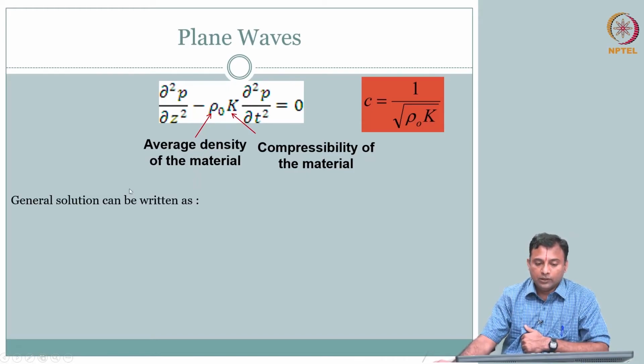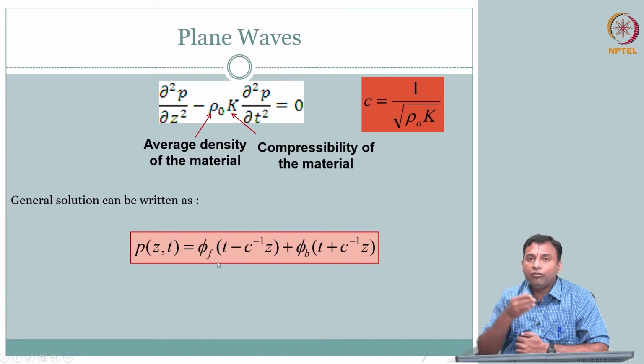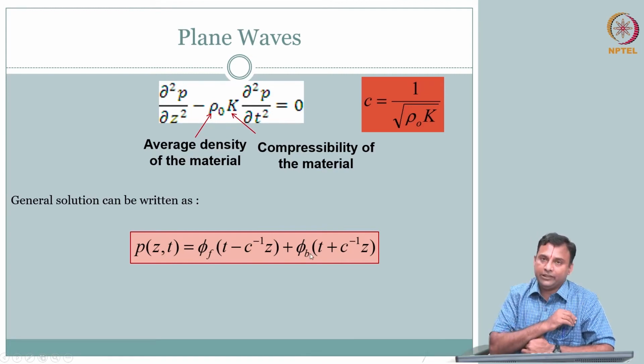So, solve this, you can have a general solution. The general solution can be written in terms of P of z comma t, because we are dealing only with the z direction. Pressure at any z comma t has a general function of this form, which has a subscript f, meaning forward direction, or b, backward direction.